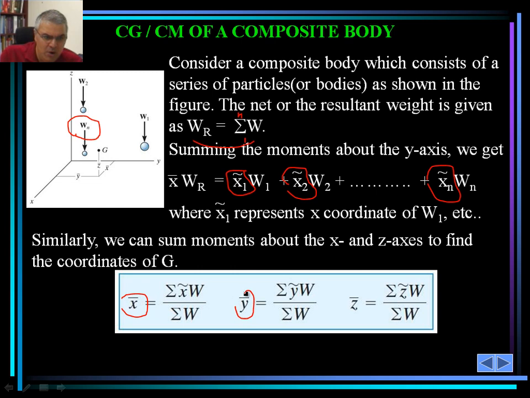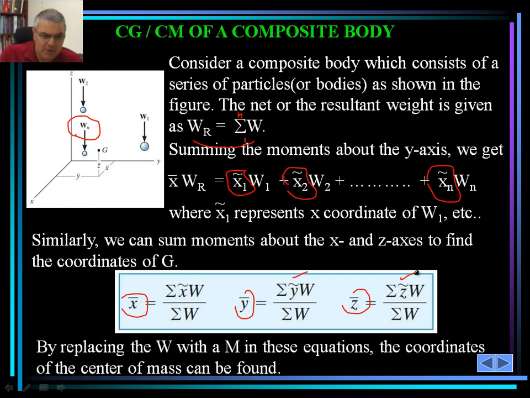And for y bar and z bar, we can do the same thing, except of course we have to change the coordinates because they have different coordinates with respect to the y and z axis. So we can actually do that using these formulas and what we've learned from previous lectures. If you replace w with m in these equations, we can find the coordinates of the center of mass.